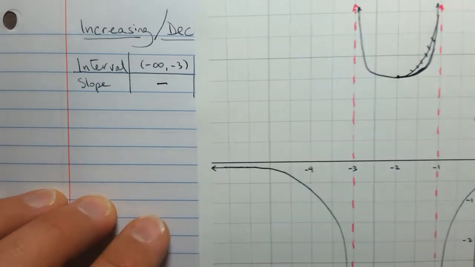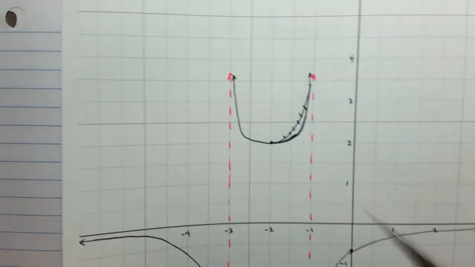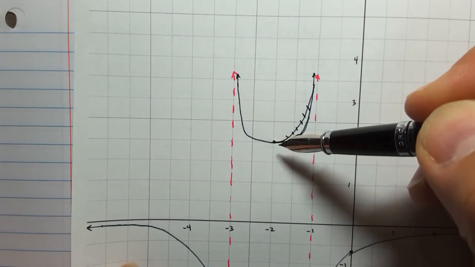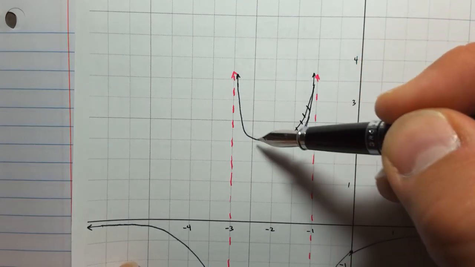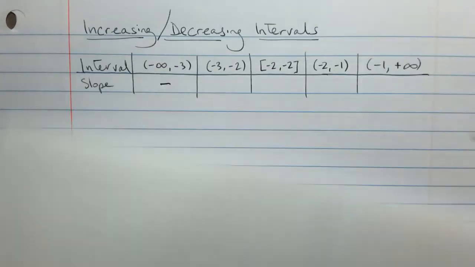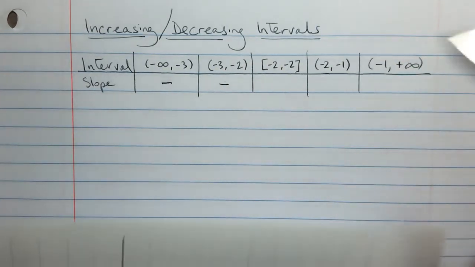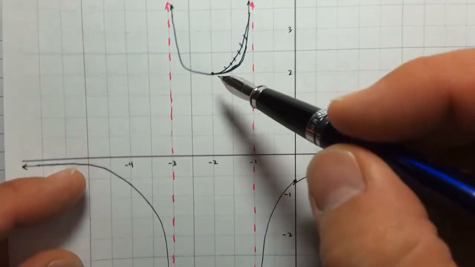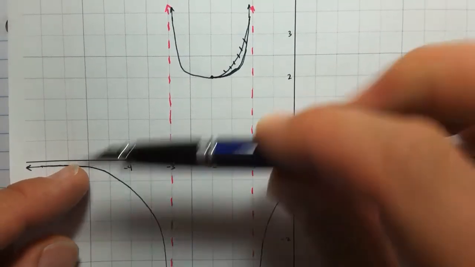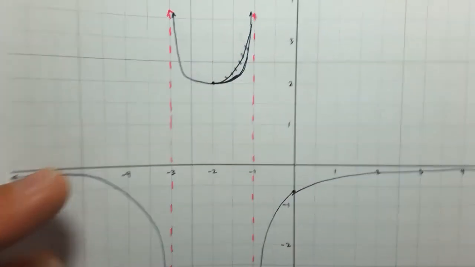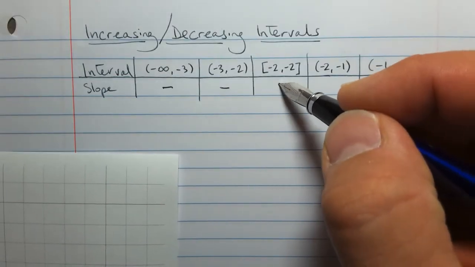Now, from negative 3 all the way down to this spot at x equals negative 2, that is also decreasing. So negative. But at negative 2, I'm sorry, that's the minimum, and so the tangent line there would be horizontal, and there would be no slope there, or the slope would be 0.